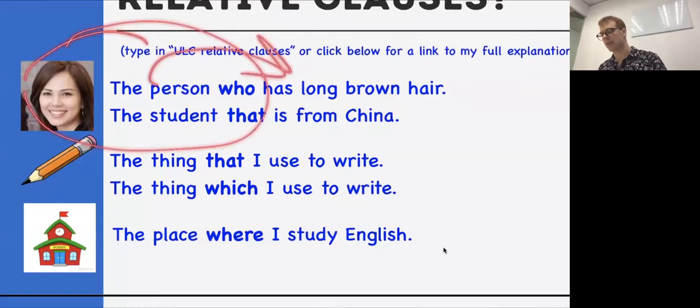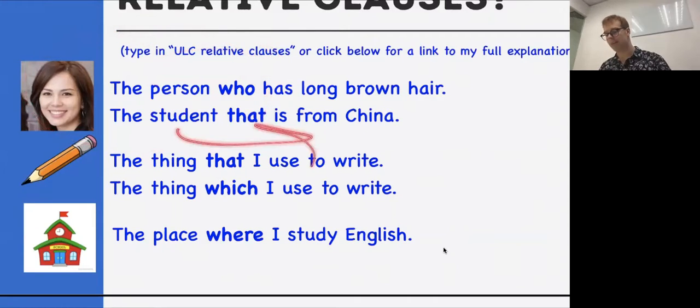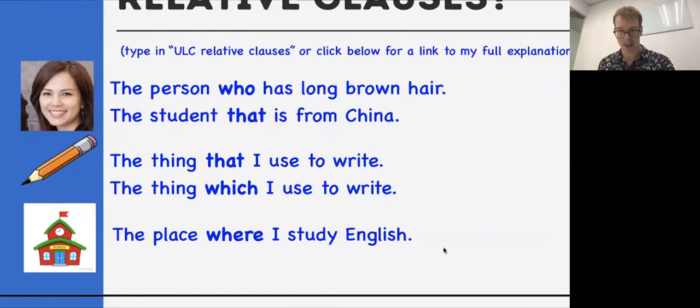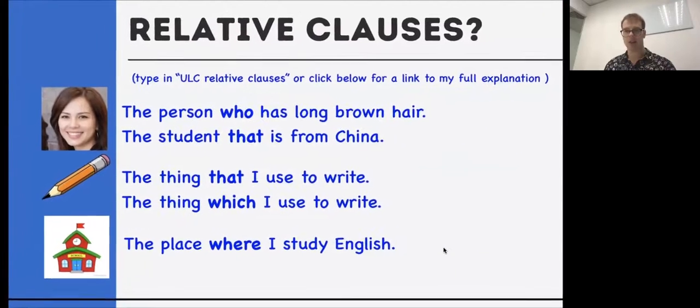The person who has long hair, or the student that is from China. Which thing? The thing that I used to write, or the thing which I used to write. Or the place, which place, where? The place where I study. Good, so those are our basic relative clauses.